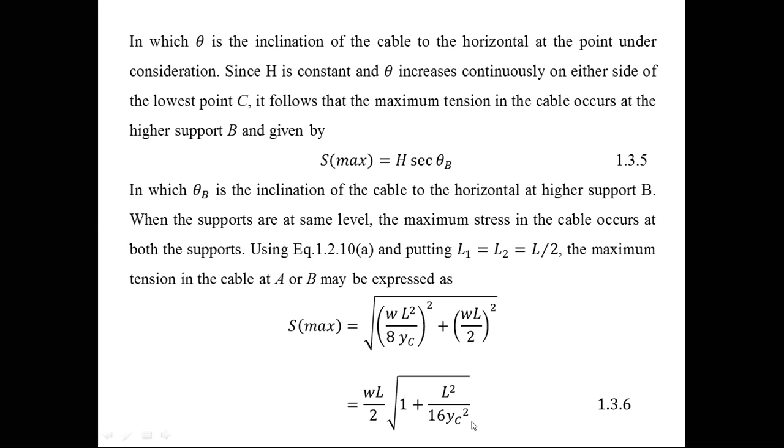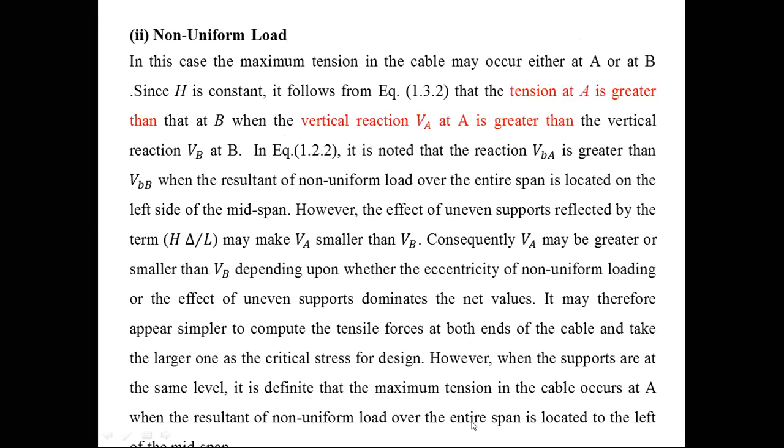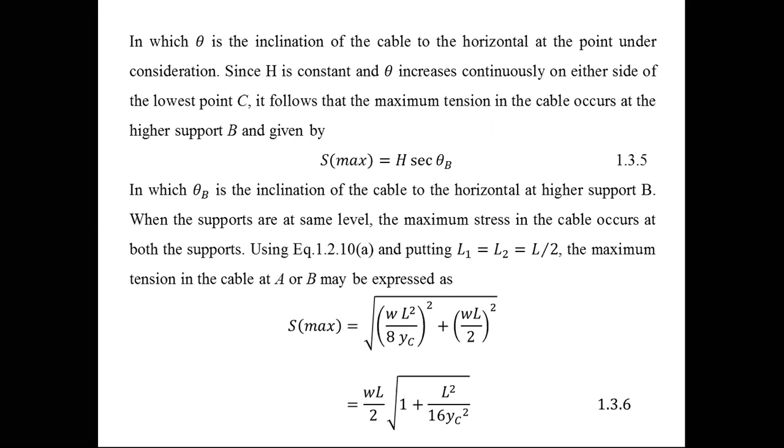Right? Now, this is the cable without stiffening girder subjected to uniform distributed load. This is the analysis. Already from this analysis you have done three or four examples, right?